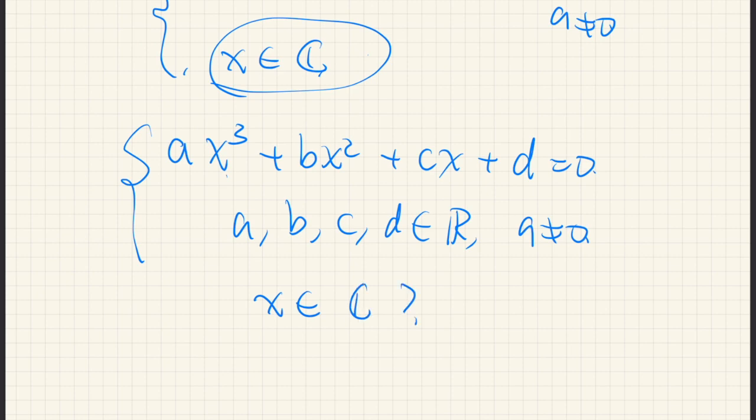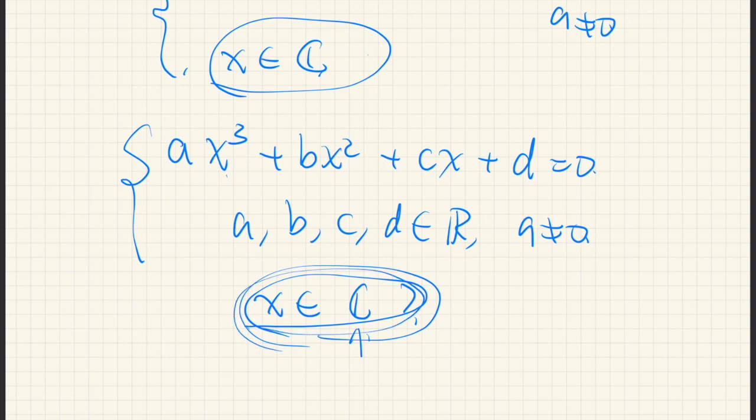Or do we need to expand the universe of numbers so that we have to define some new kind of numbers that includes complex numbers as a proper subset? The answer is no. Actually, all solutions do exist within the set of complex numbers.